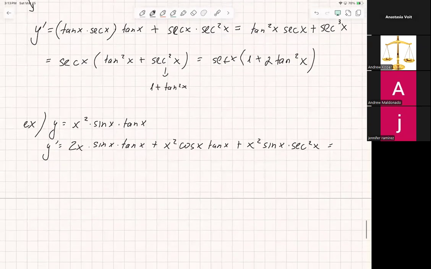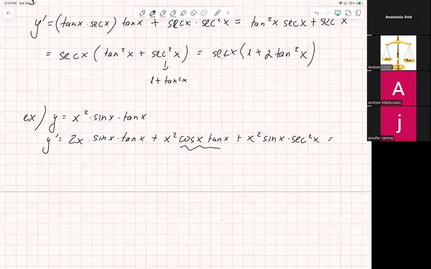So you can leave it this way, or you can simplify this cosine times tangent. We know that tangent, that's sine over cosine, right? So they can be canceled. So we have here 2x sine x tangent x plus x squared sine x plus, yeah, if you want, you can also write it, so sine times 1 over cosine squared, right?